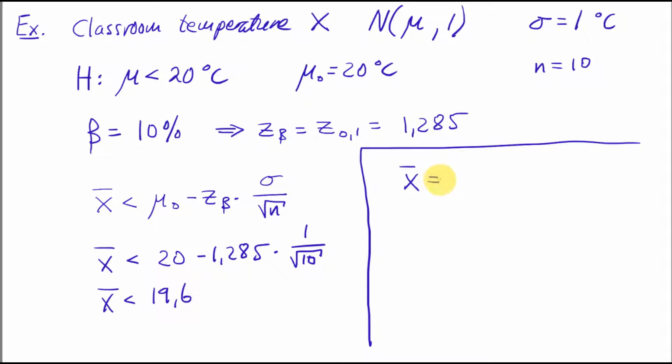Then assume that for a sample of these 10 classrooms, the inspector got a mean temperature of 19 degrees Celsius. Since 19 is less than 19.6, the school inspector concludes that the hypothesis is true with a significance level of 10%. So the risk that the school inspector will wrongly accuse the school of being cold is less than 10%.